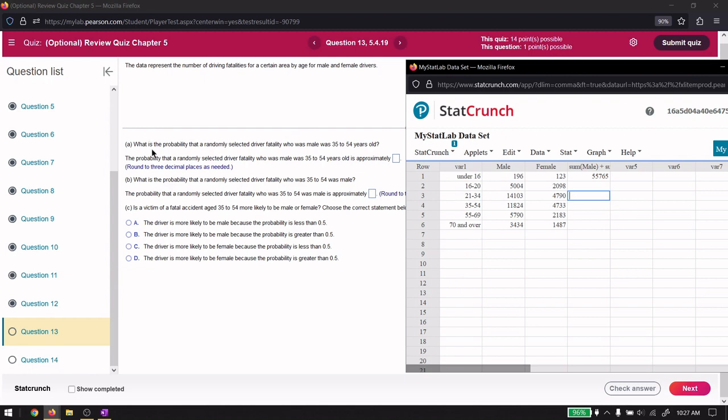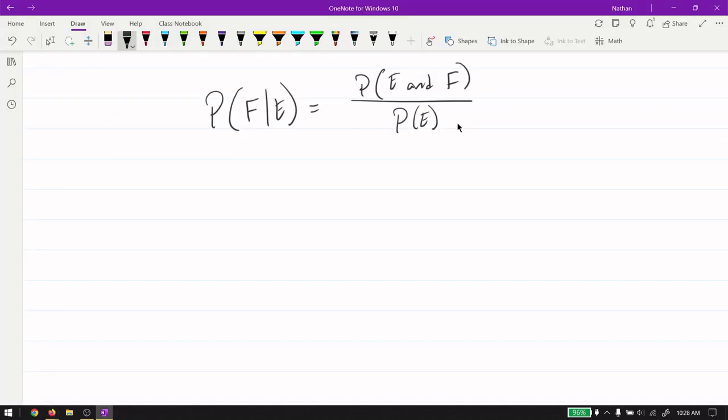Now, what we want to do is find the probability that a randomly selected driver fatality who was male was 35 to 54 years old. So this is the conditional probability rule.